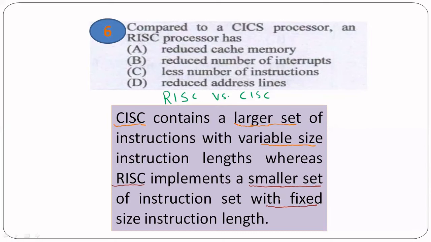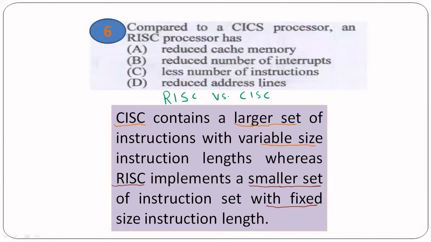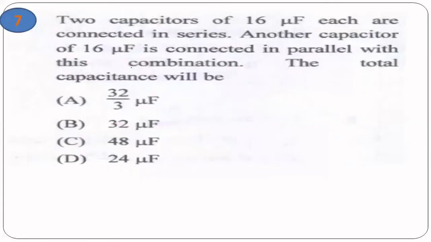Since there is a smaller set of instructions with fixed instruction length, obviously the correct answer for this question is less number of instructions, that is option C. It is neither related to the cache memory nor to the address lines.